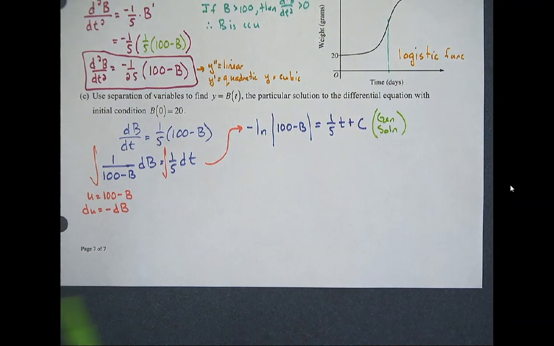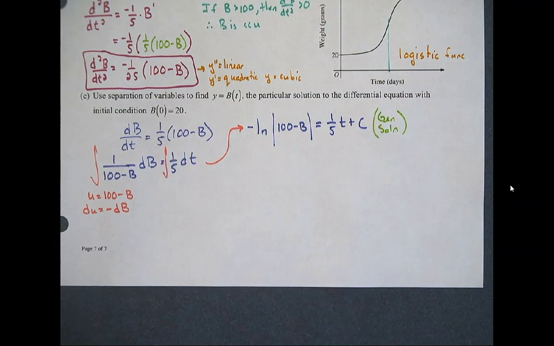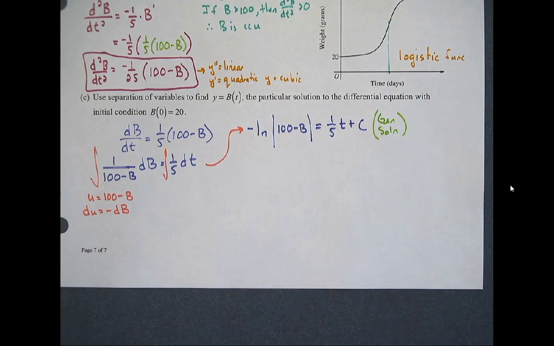And now I need to figure out the particular solution with t is 0 and B is 20. So I'm going to change colors here. Let's go with pink.